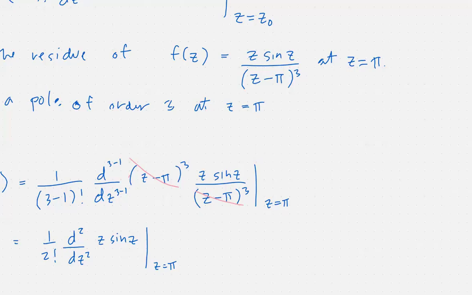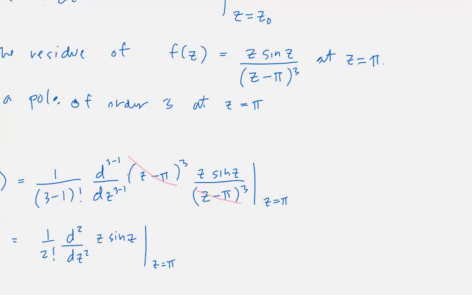For example, you can have z minus 1 here. You can try to solve that kind of problem. You do the same thing, because you still have multiple poles, so you treat it with the method for solving a multiple pole.